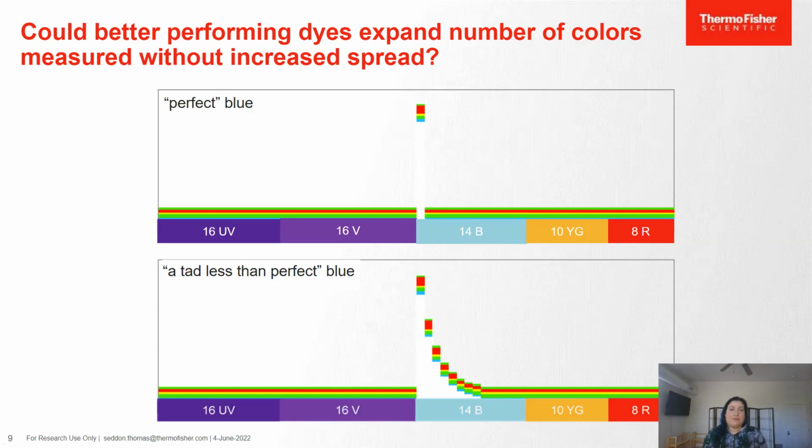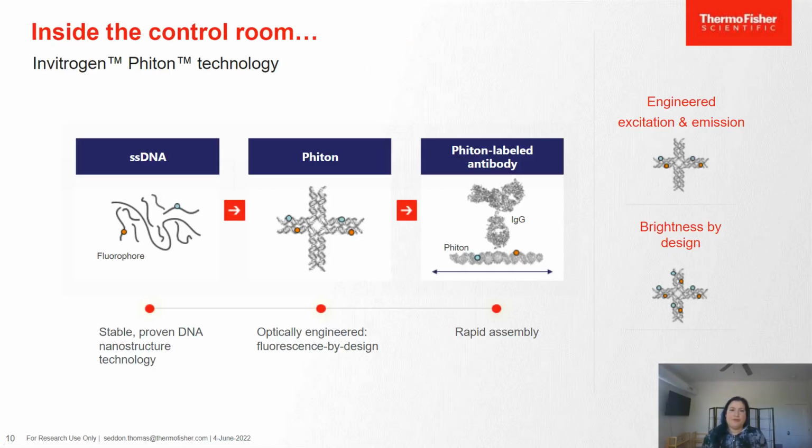And so Perfect Blue would be great to have, but it does break some of the laws of physics in that you would have to have some decline in terms of this. It's not acting just in that one detector. And so the goal would really be to generate something a tad less than Perfect Blue. So having a really strong signal, no cross excitation, and a very rapid decline in terms of the other channels.